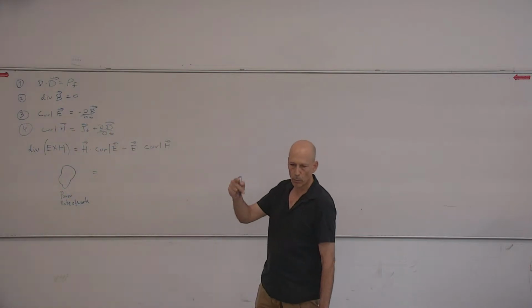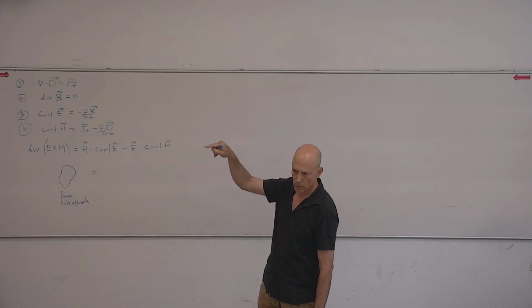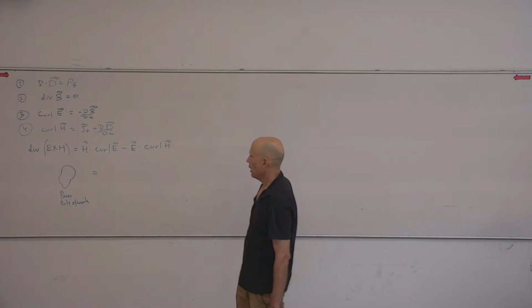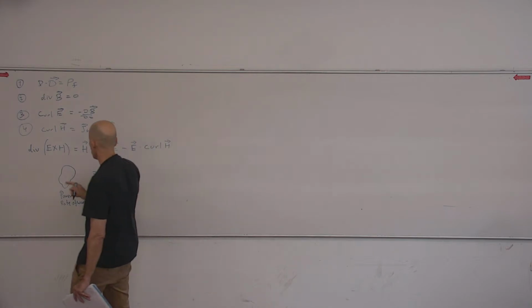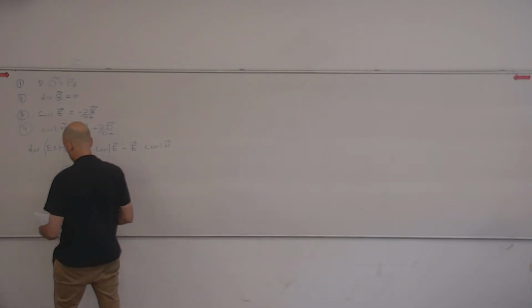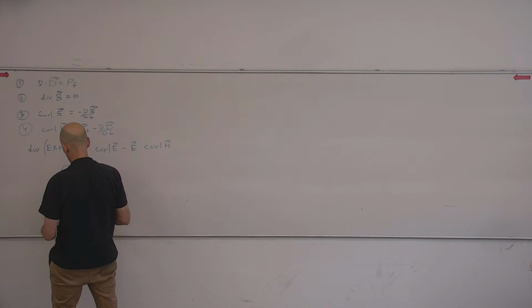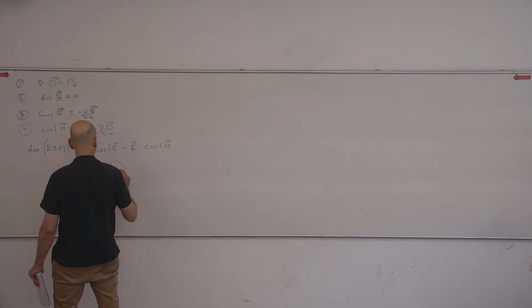That is power. You know power. Power you learned in high school. It's in units of watt. So this is a description of the change in electromagnetic energy, which we want to define.